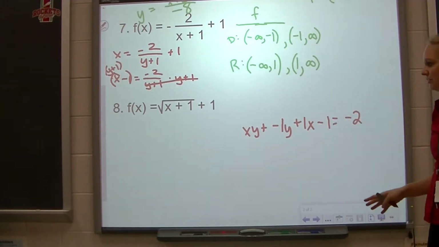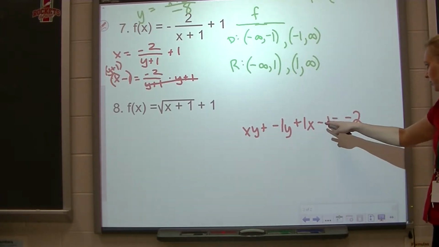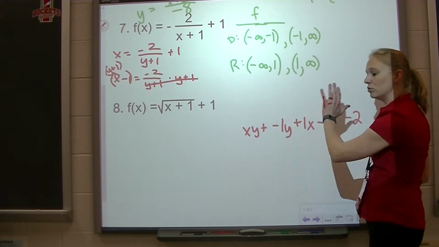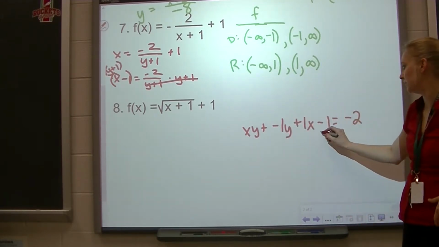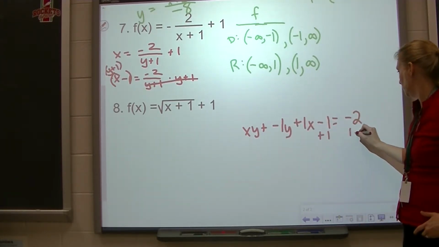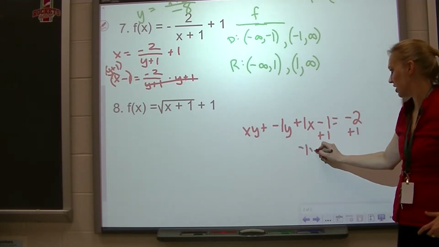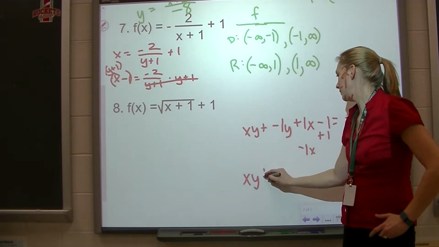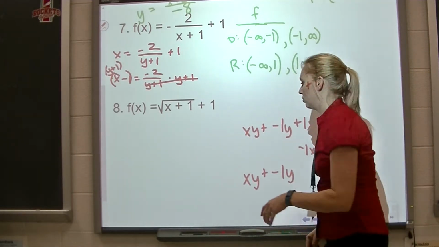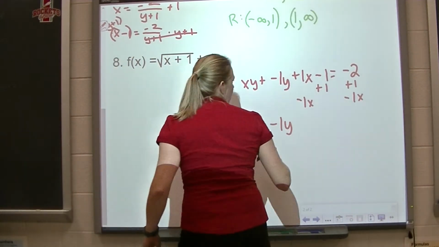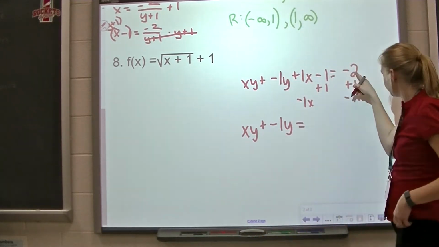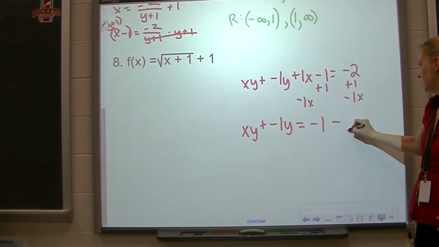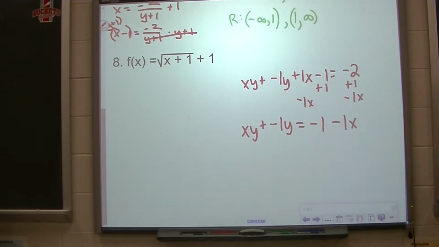So notice once again we have two terms with y. We're going to have to get both of those terms on the left hand side by themselves. So we'll have to add the 1 over and then also subtract the 1x. So we'll have xy plus a negative 1y equals negative 2 plus 1 is negative 1, and then minus 1x.